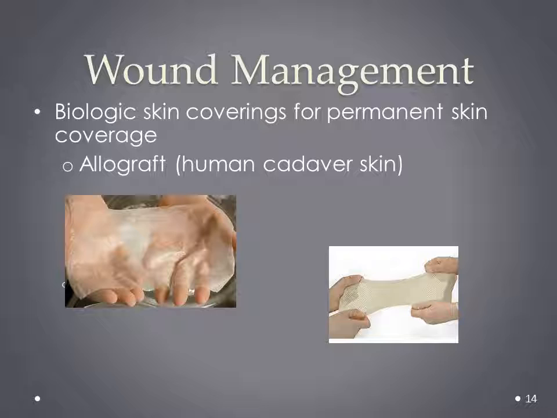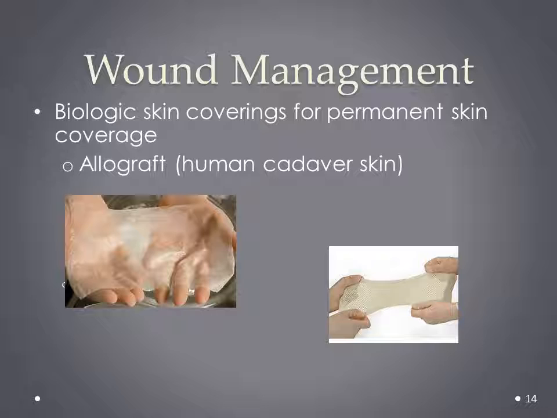So we'll use different types of graft material. The sheet material, which is at the top of the page, is the most precious type of material that we can use. It gives you the best cosmetic effect on wounds, but it's hard to come by and it's very expensive.